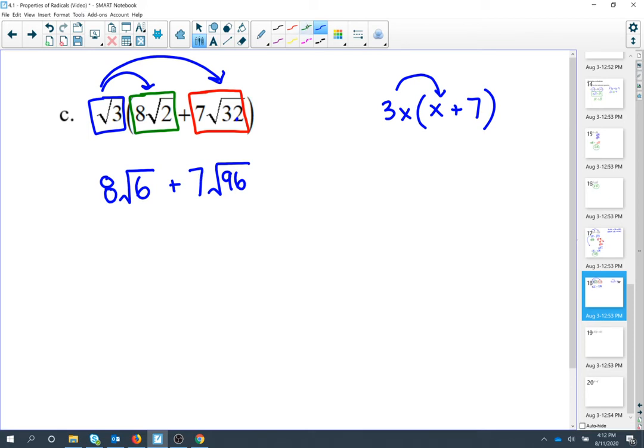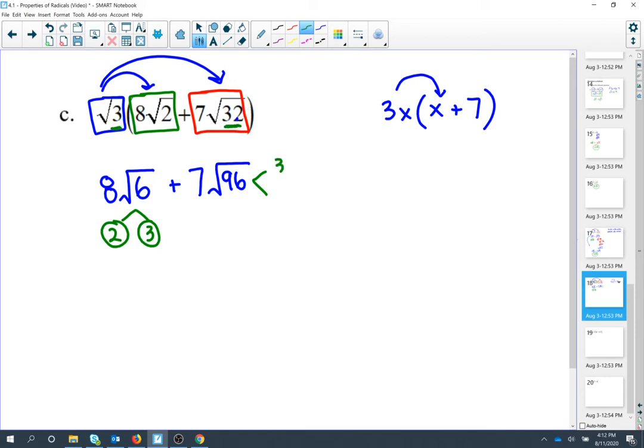Okay, from there, we're going to try to simplify because a root 6 and a root 96 are definitely not like terms. If I try 6, I've got 2 times 3. Yeah, nothing's going to happen there, so leave him alone. 96, again, that's a really big number, but remember, you got it from multiplying a 3 and a 32.